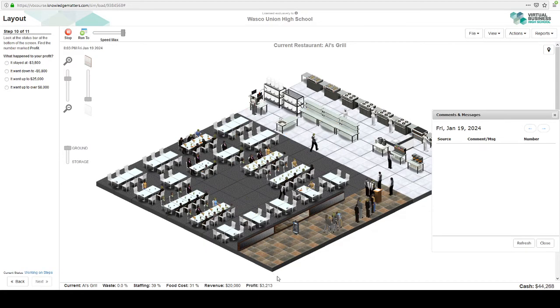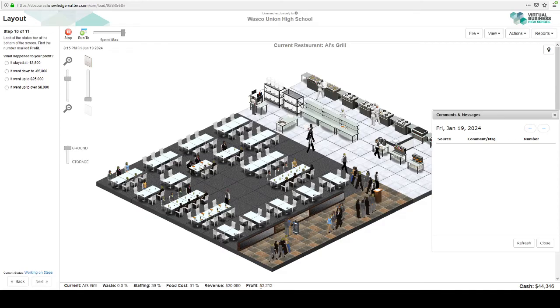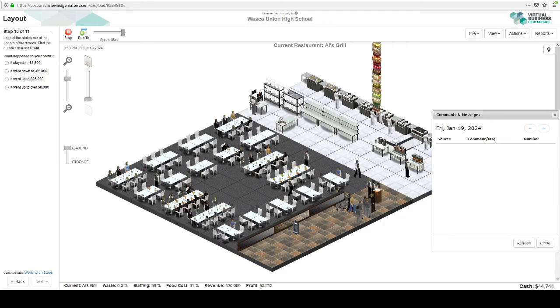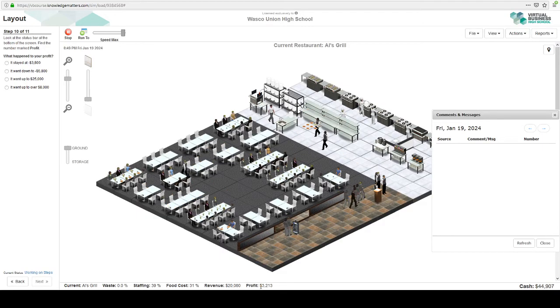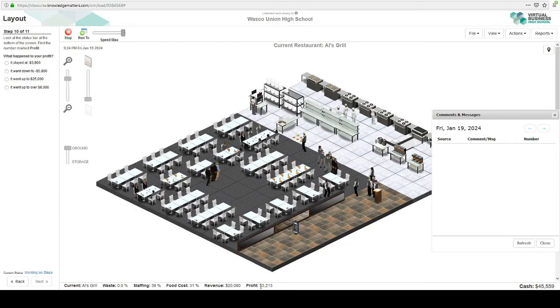Okay, so our profit. Look at the status bar, find the number of our profit. What happened? Okay, so right now it's 3,000. Let's see what happens. My guess is it'll go up at least over 8,000, because nobody's leaving, everyone's happy.